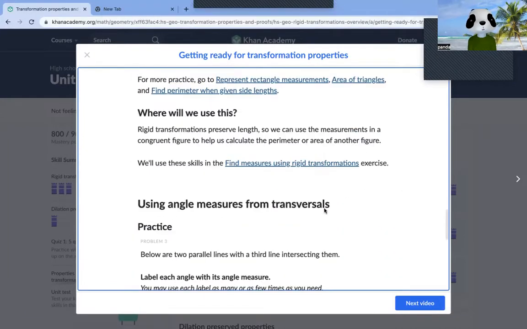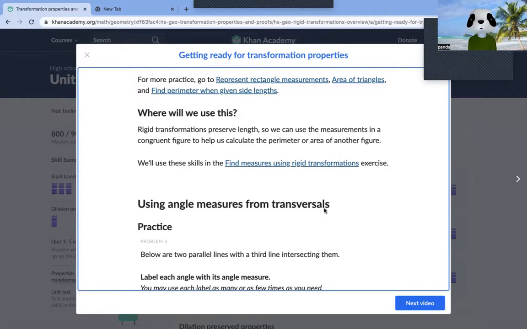Where will we use this? Rigid transformations preserve length, so we can use the measurements in a congruent figure to help us calculate the perimeter or area of another figure. We'll use the skills in the find measurements using rigid transformations exercise.